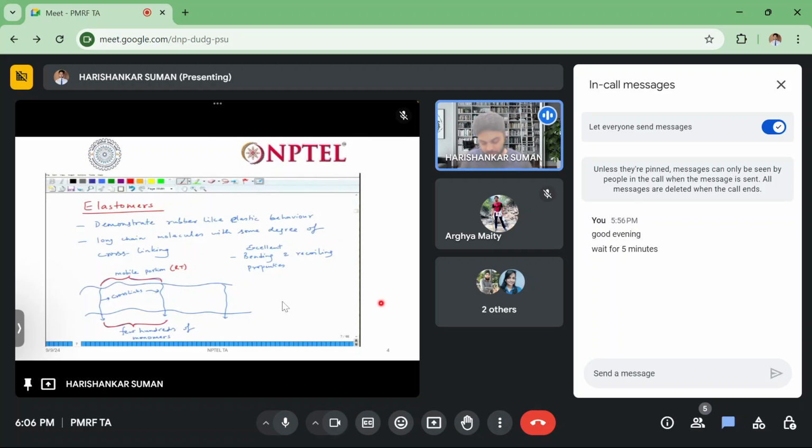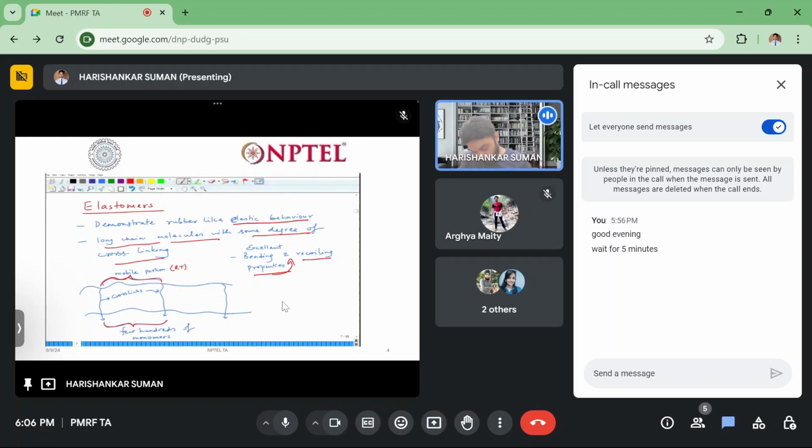Okay. Next is elastomer. What is an elastomer? It demonstrates rubber-like elastic behavior. It is a long chain molecule with some degree of cross-linking and excellent spring-back recoiling properties.